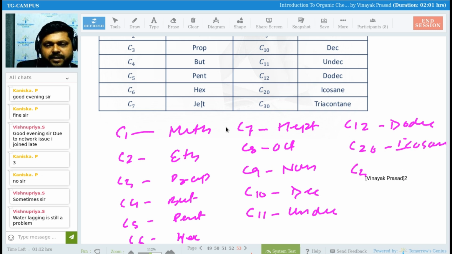If 30 carbon, then triacontane. So these are the word roots and their number of carbons. Is it okay?